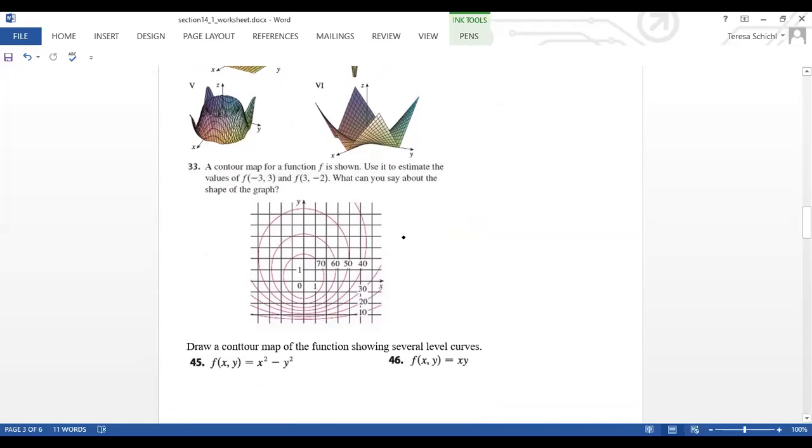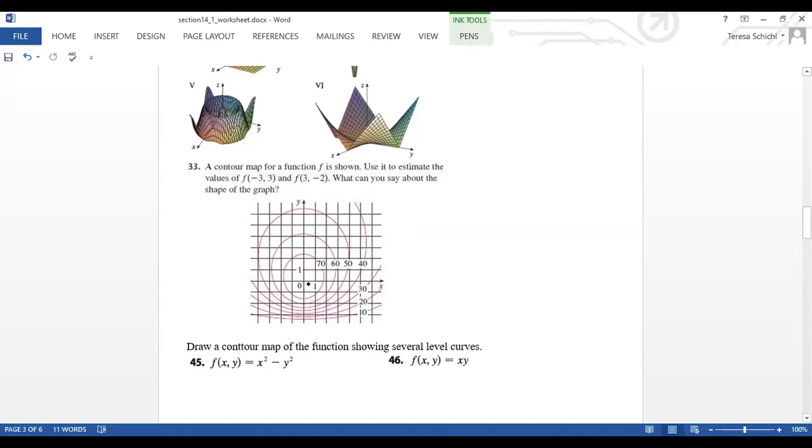Okay, so for number 33, let's say this is a contour map. We kind of call it cross sections, right? So we call them level curves here. So let's use this to estimate the value at -3 and 3, okay?